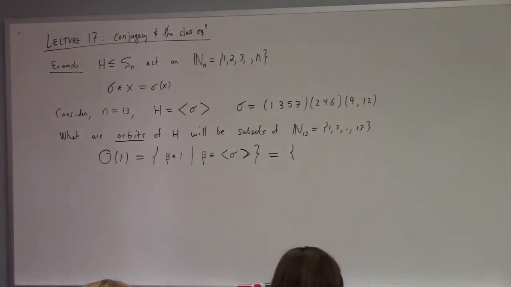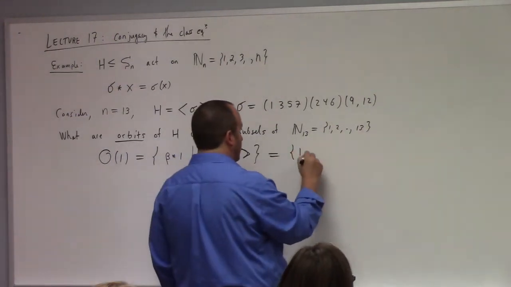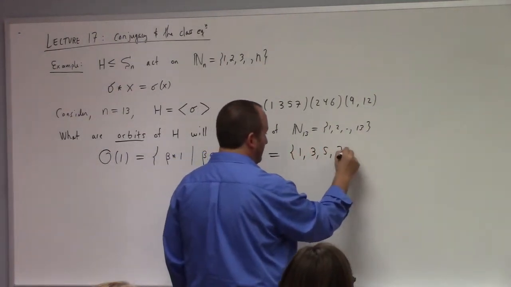Where do they move 1 to? They're just moving 1 to 1, 3, 5, or 7, right? There's no way 1 can ever get to 2, 4, 6, 9, 12, or any of the things which are not listed there, right? So the orbit of 1 is actually {1, 3, 5, 7}.